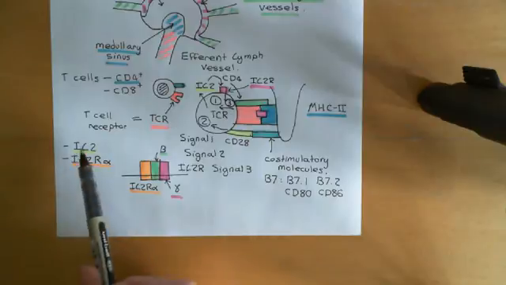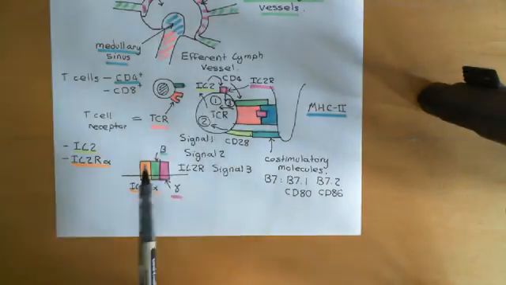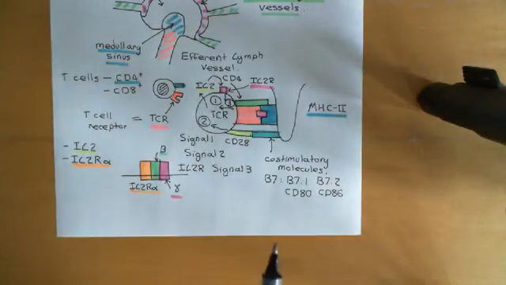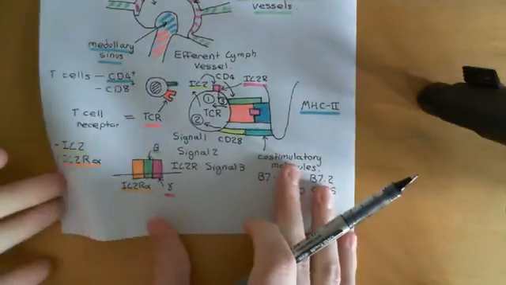Then the interleukin 2 that you've secreted binds to the interleukin 2 receptors on the same CD4 positive T cell, and that delivers signal 3, and then this CD4 positive T cell with a T cell receptor that is specific for that epitope of purple antigen is now going to start proliferating.